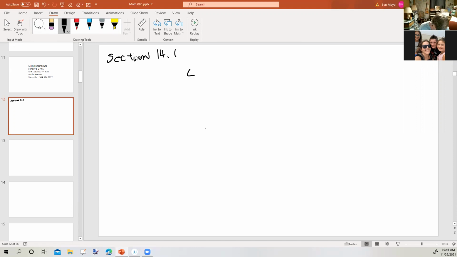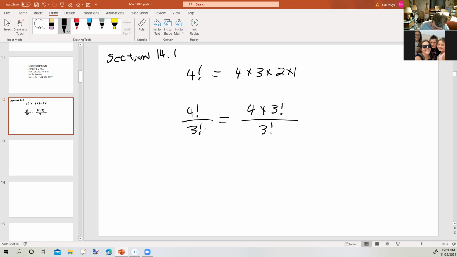Recall that, for instance, 4 factorial is 4 times 3 times 2 times 1. And let's say we have 4 factorial over 3 factorial. We could write 4 factorial as 4 times 3 factorial. And then we could cross out the 3 factorials and just get the number 4.